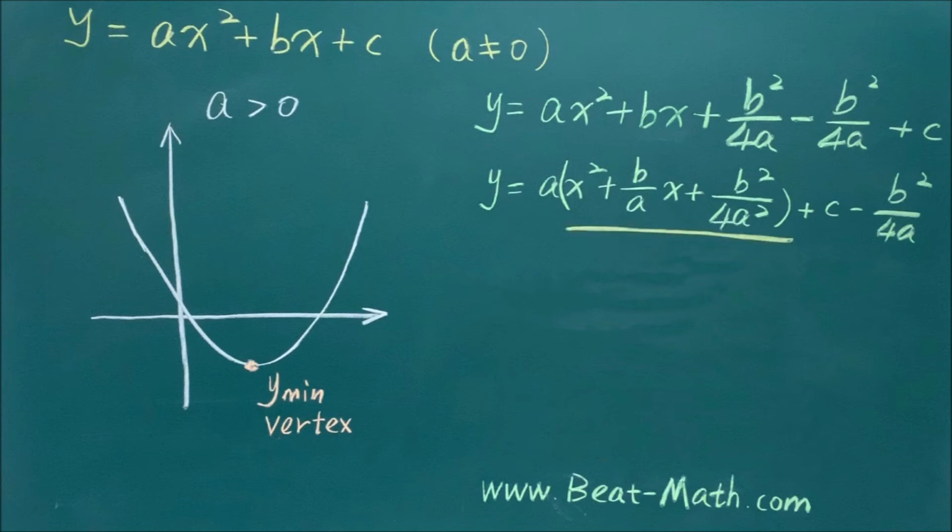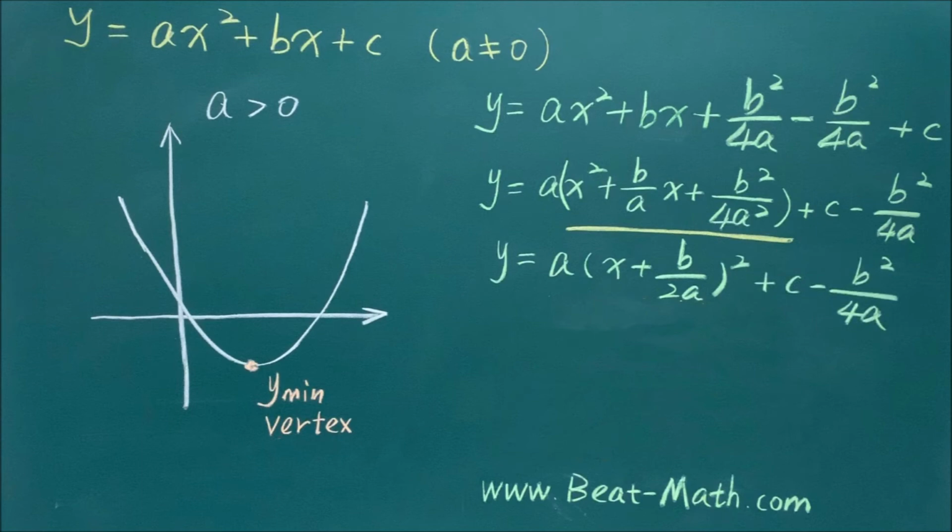x squared plus b divided by a x plus b squared divided by 4a squared is the square of parentheses x plus b divided by 2a. So we get y equals a times parentheses x plus b divided by 2a squared, plus c minus b squared divided by 4a.